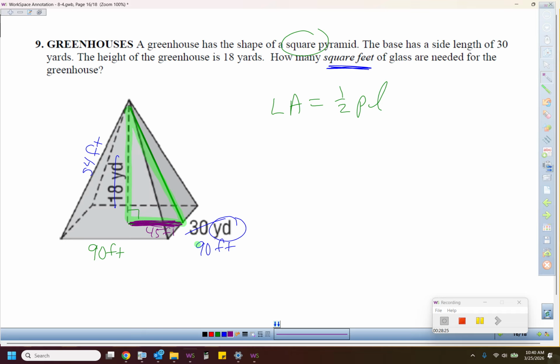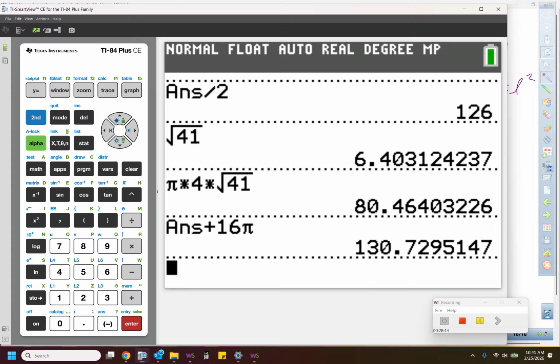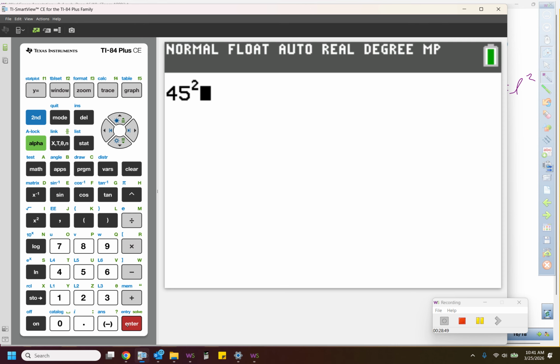All right, so we got a right triangle with sides of 45 and 54. So we'll go do the Pythagorean theorem with some big old numbers to find that slant height. And do each one separately. I kind of like doing that. It's easier for me to grade if you figure out like what 45 squared is first.